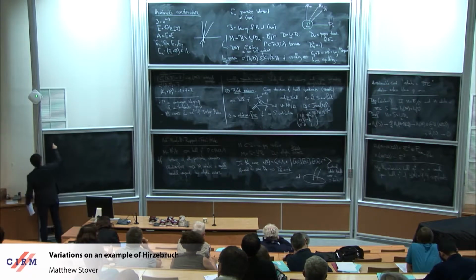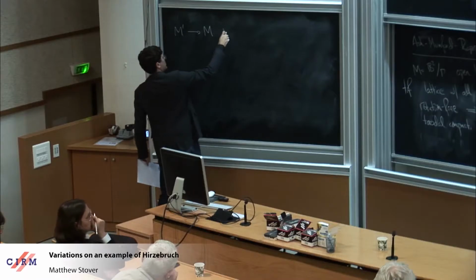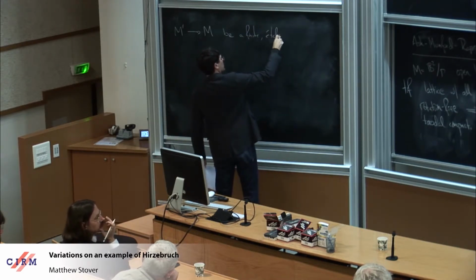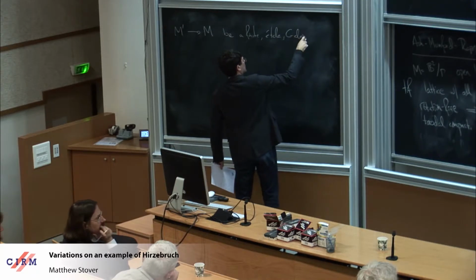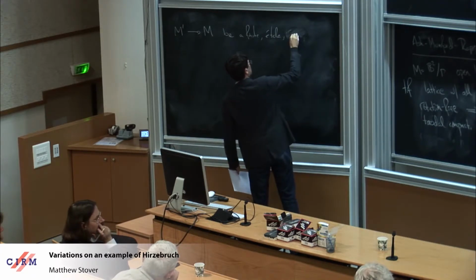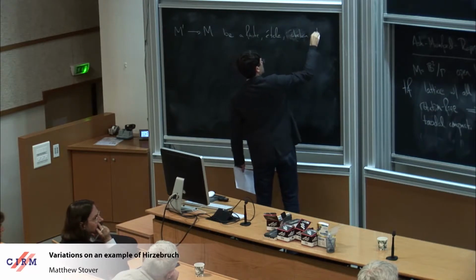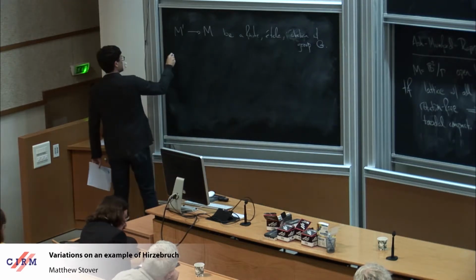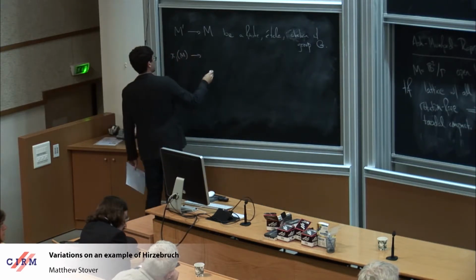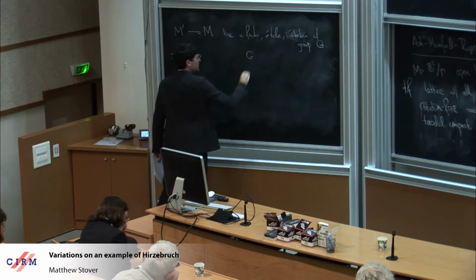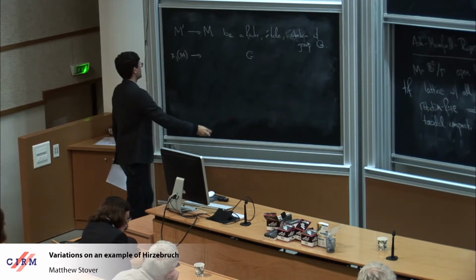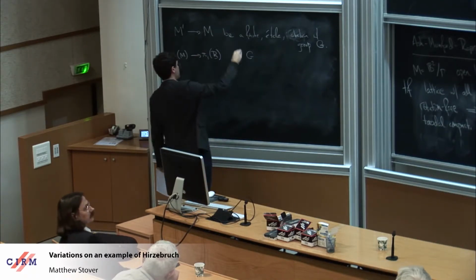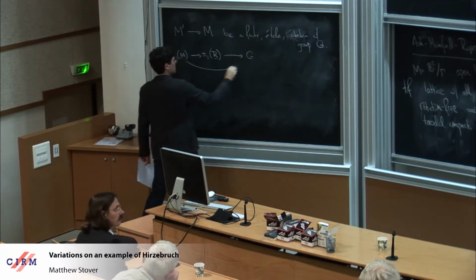So let M prime to M be a finite tall abelian cover with group G. So that tells you that there's some homomorphism, pi1 of M to G, but what I told you over there is that that factors through the map onto pi1 of B. B is up there.